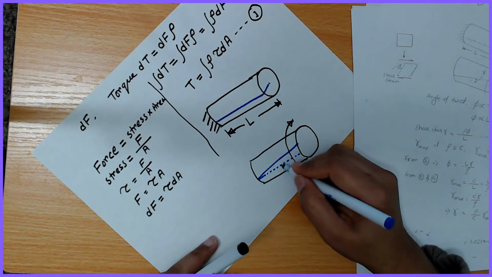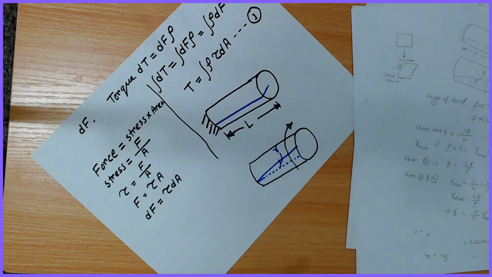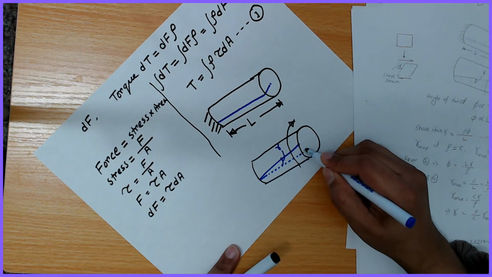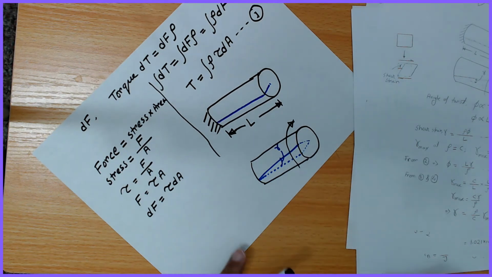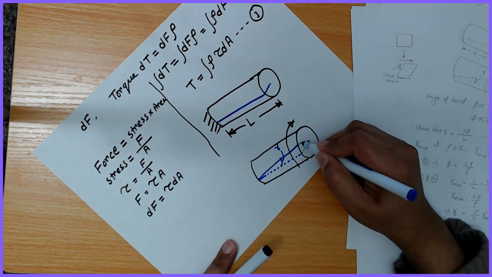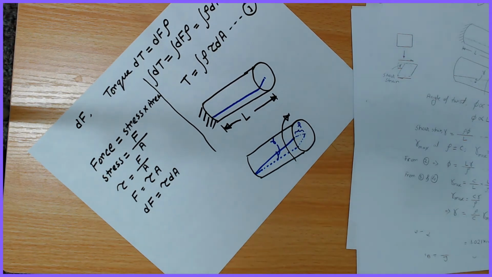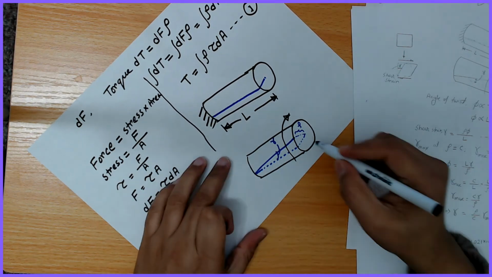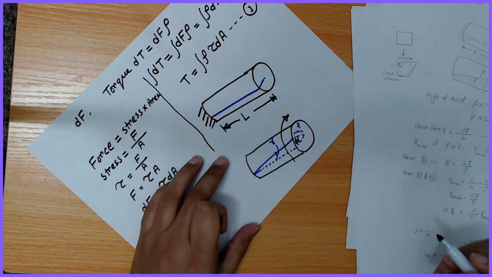So this is an angle gamma, and this distance we call rho, and this angle we call phi.